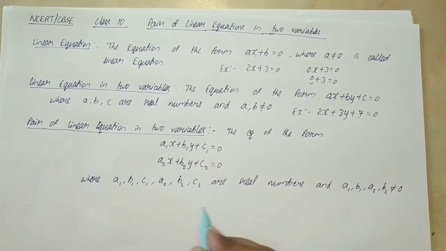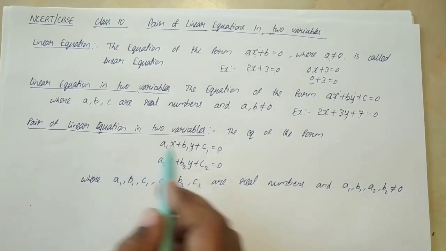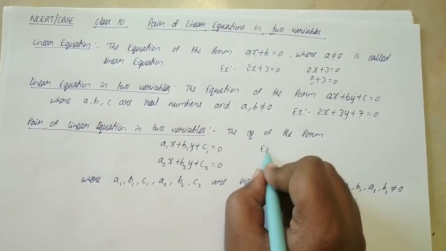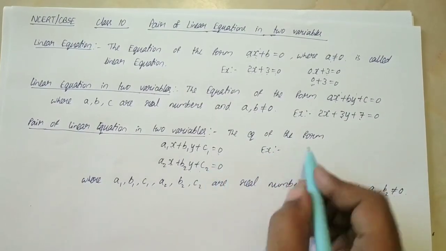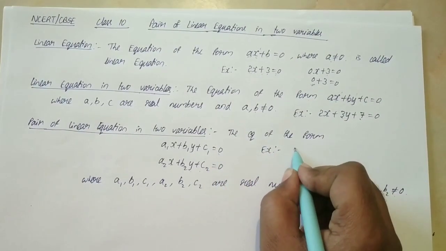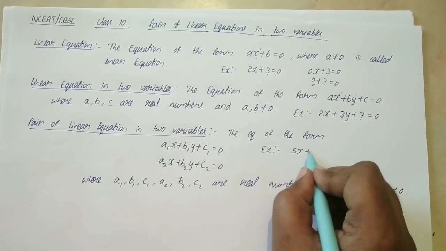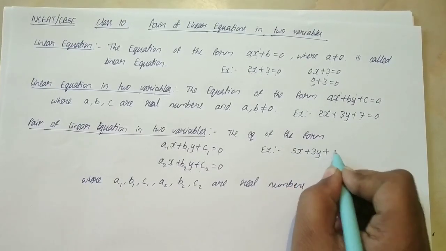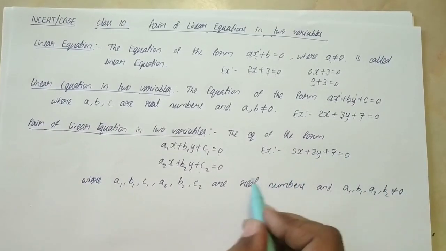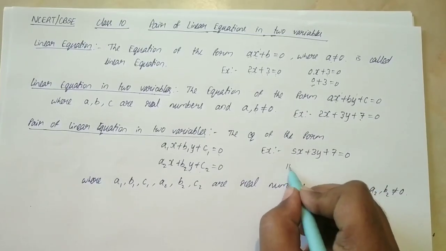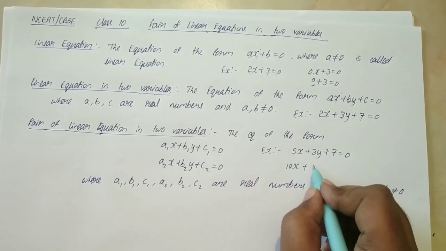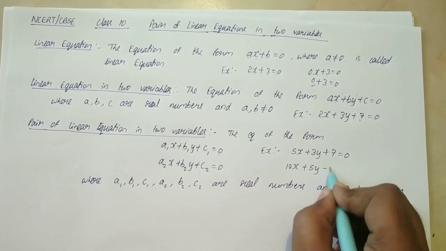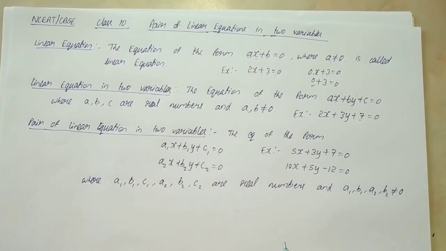So, an example for a pair of linear equations in two variables. We'll take two examples. 5x plus 3y plus 7 is equal to 0, and one more, 10x plus 5y minus 12 is equal to 0, right?